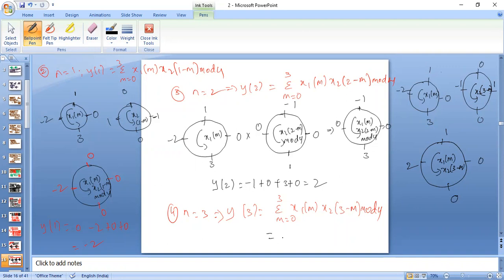So here it is equal to 1 plus 2 plus 0 plus 0, which is equal to 3.